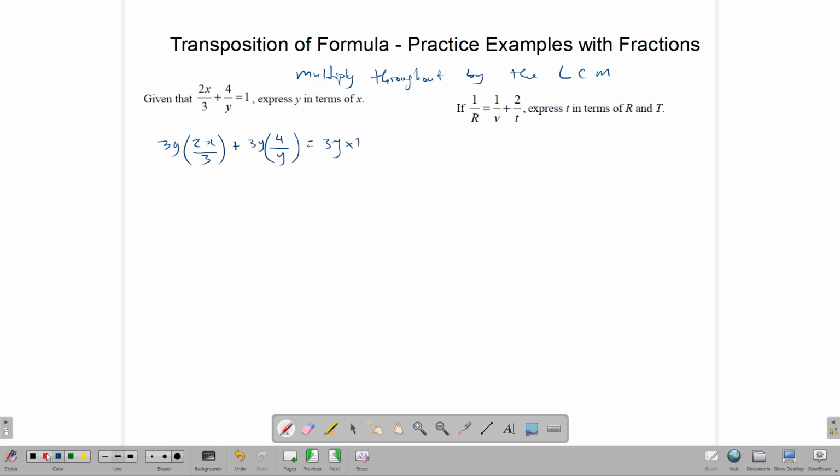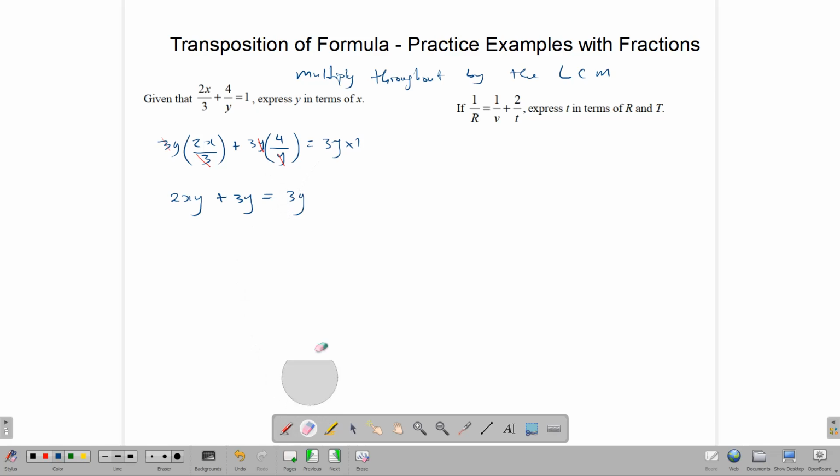So here you will notice that the 3 here cancels that 3. You will notice here that the y cancels that y. What we end up with is y times 2x. We can write it as 2xy plus 3 times y equal to 3y.